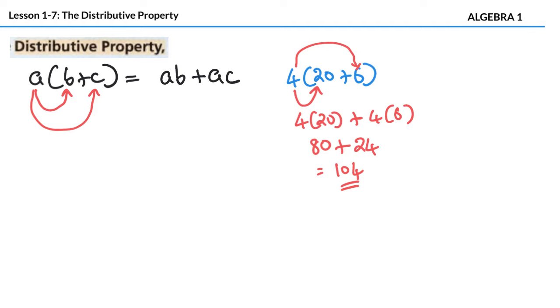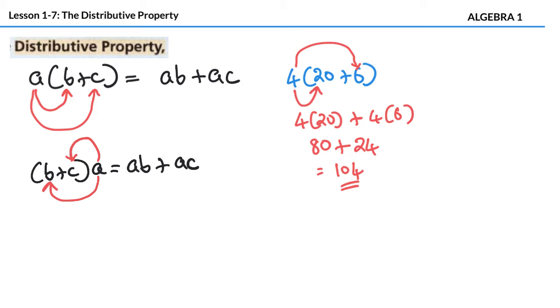Let's look at the variations of this distributive property. (B plus C) times A. It's the same way. Take the A, multiply with B, it's going to become AB plus, then take the A, multiply with C, it's going to get AC.